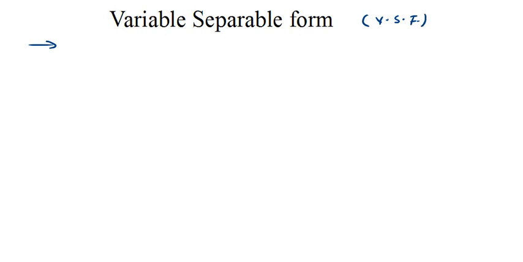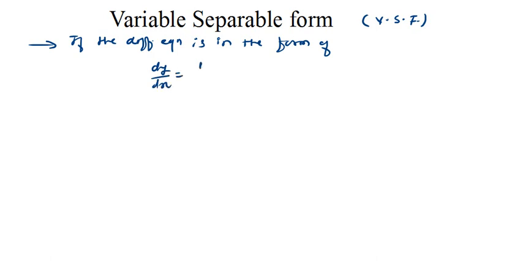If the differential equation is in the form dy by dx is equal to function of x upon function of y, then we say that this is the differential equation in variable separable form.